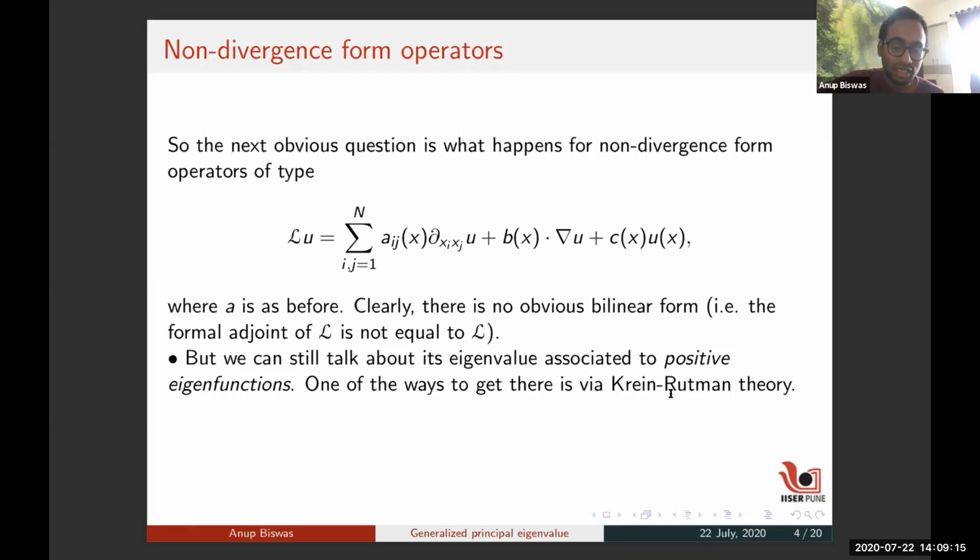That cone gives an ordering to that operator. For example, if I take all the non-negative functions, that forms a cone, and we can use that cone to give an ordering of that operator, and then we can apply Krein-Rutman theory to find an eigenvalue with positive eigenfunctions. Now that's a pretty powerful tool, and it requires a lot of estimates.